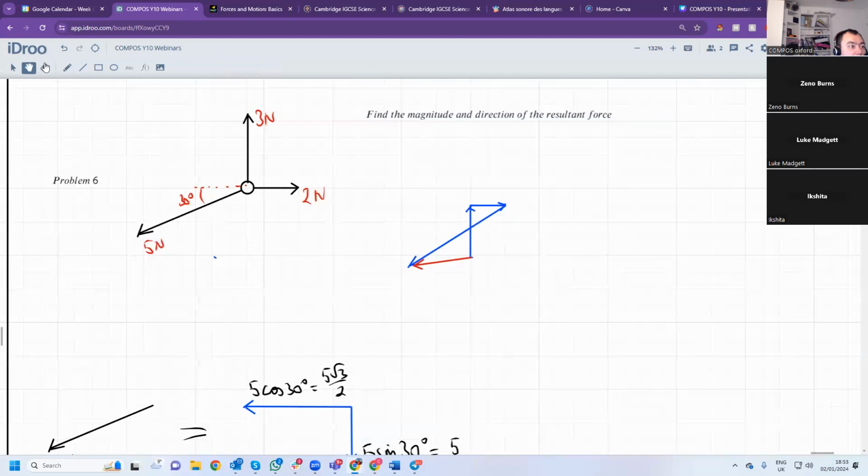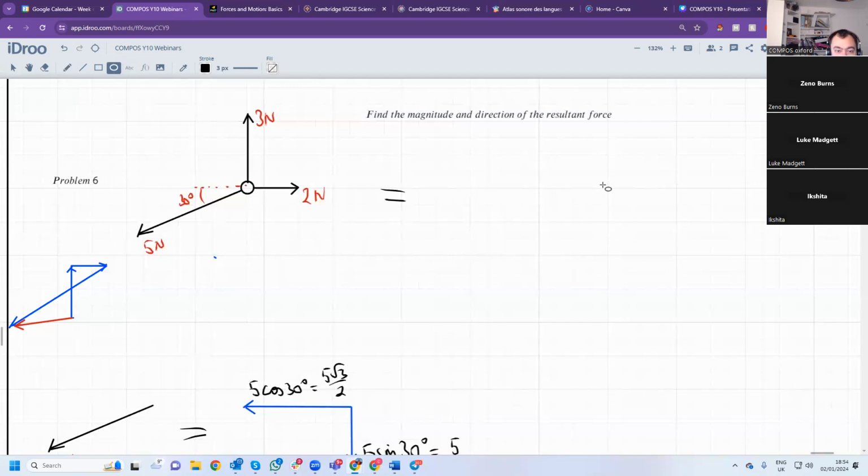Right, so this is just a sketch. So what we do here, we say, okay, this is the same as 3, 2, 2.5, and 5 root 3 over 2.